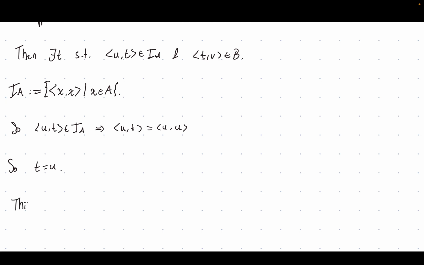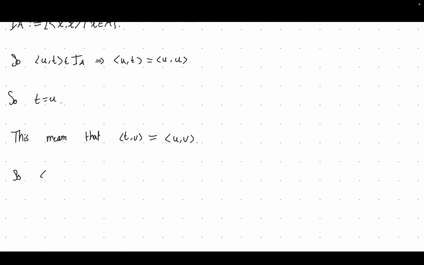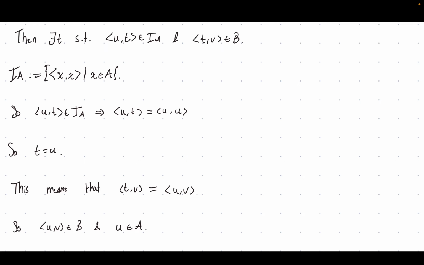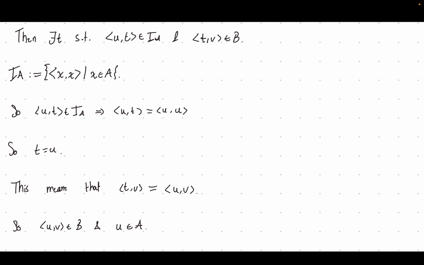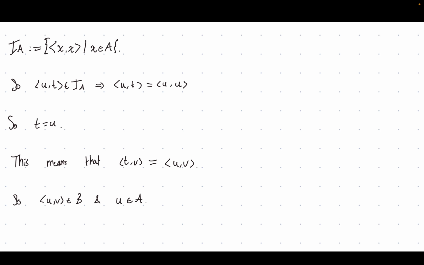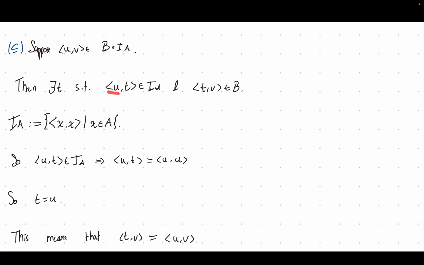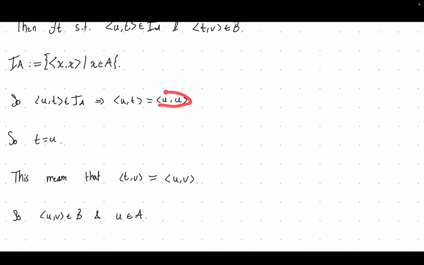Now this means that TV is equal to UV. So UV is in B and U is in A, because we picked out UU from IA.